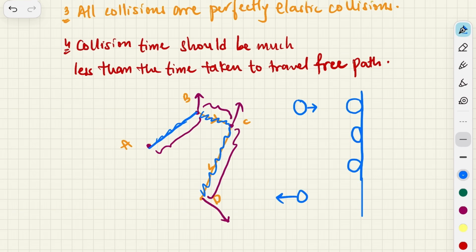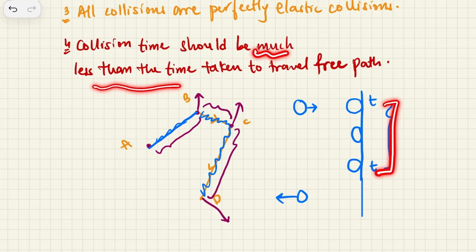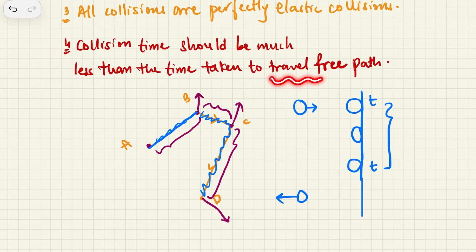So this is the time when the collision starts, and this is the time when the collision ends. The time duration between these two is called the collision time. This collision time should be much less than the time taken to travel the free path. So between two collisions, this time should be much larger and this time should be much less.